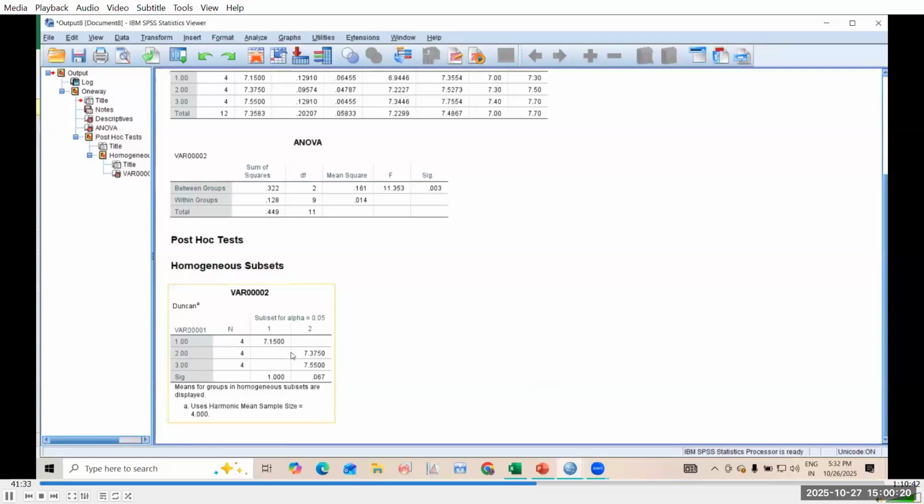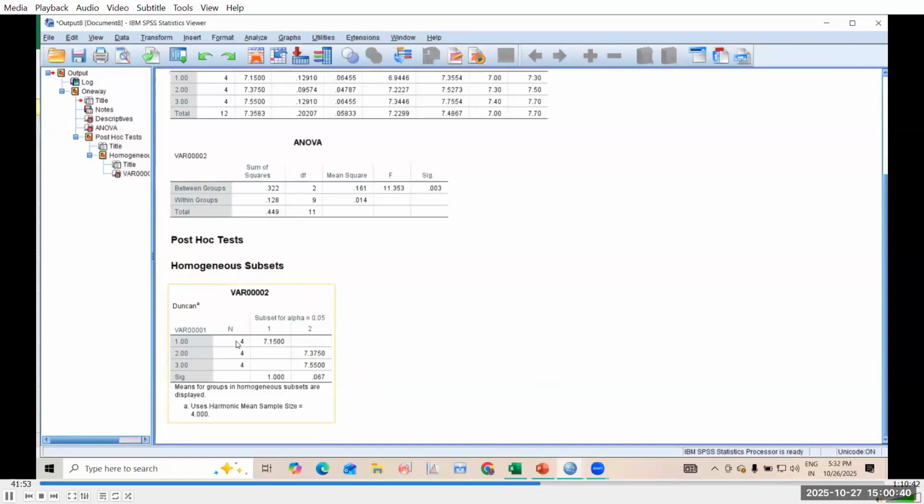Okay, so one we'll represent as A, and the second column as B.